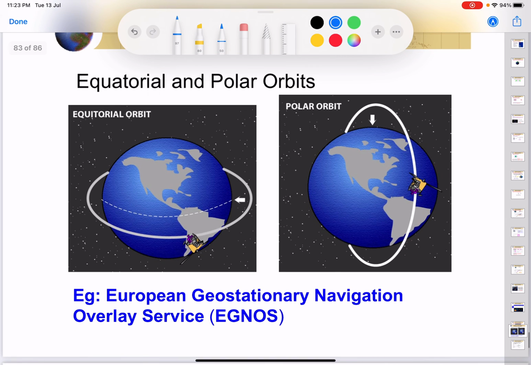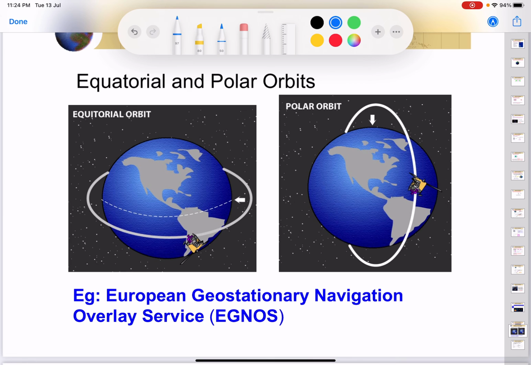One example of a geostationary satellite is the European Geostationary Navigation Overlay Service. This service complements the GPS system, in that it provides very good positioning for objects on the surface of the Earth. Besides the equatorial orbits, there are different kinds of orbits.